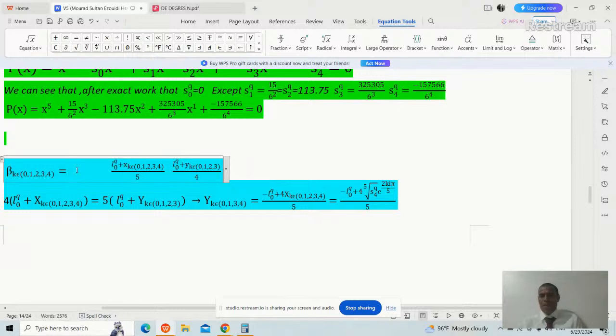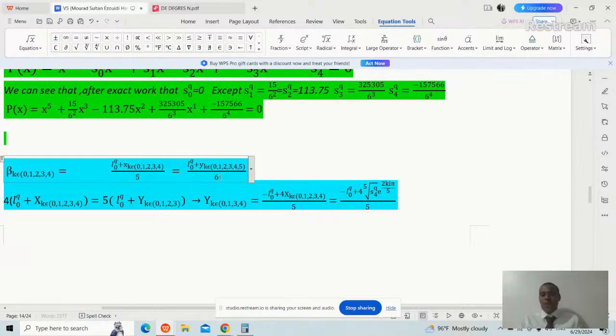Equal L0 of order q plus xk, k belongs to 0, 1, 2, 3, and 4, divided by 5. Which is equal L0 for the q, yk, k belongs to 0, 1, 2, 3, 4, and 5. Okay, and I should divide this by 6.